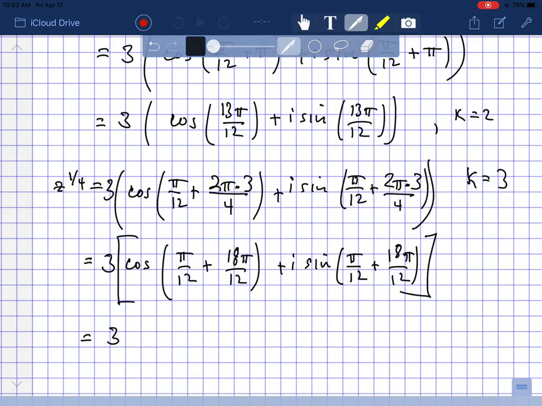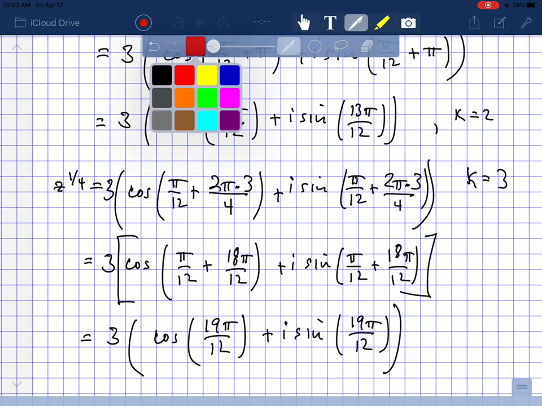And this is equal to 3 times the cosine of 19 pi over 12 plus i times the sine of 19 pi divided by 12.